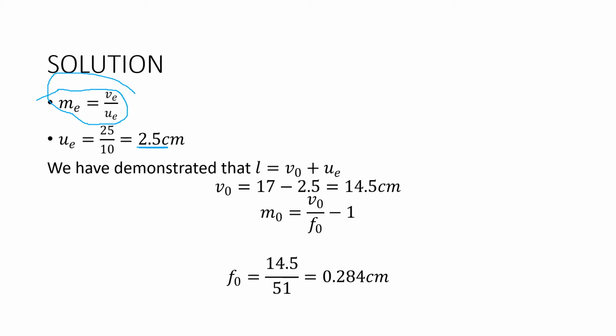Now we have demonstrated that if we have lens 1 and lens 2, for example, separated by a distance L, then this L will be equal to VO plus UE.